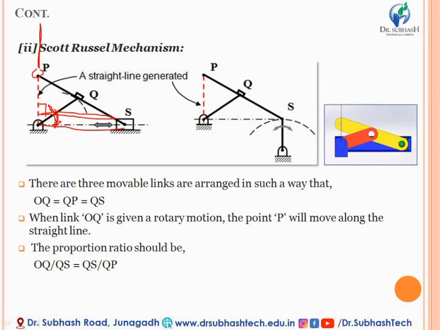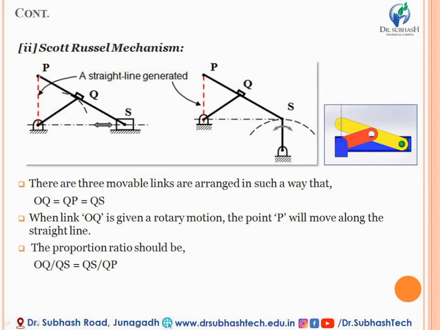Let's have some mathematical analysis. Basically, link OQ is equal to PQ, and that is equal to QS. So when a circle is drawn with PS as a diameter, the circle will pass through the fulcrum point O as well.